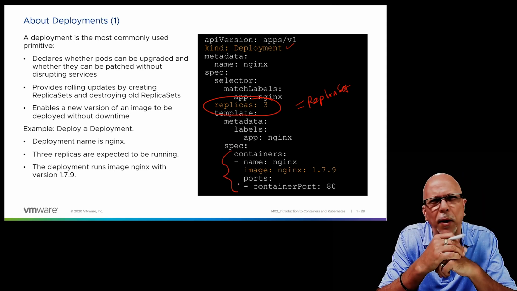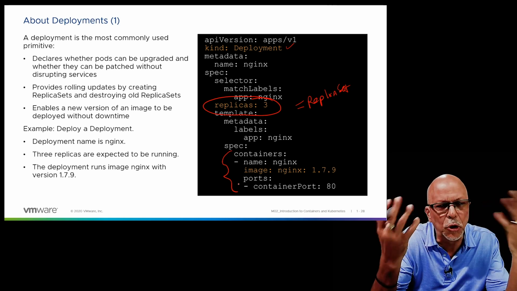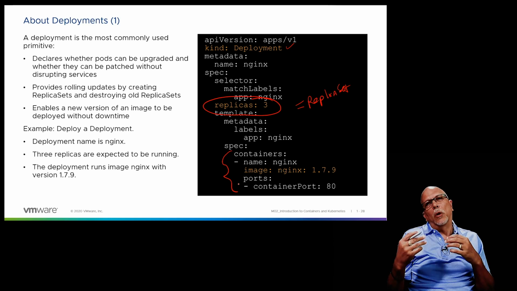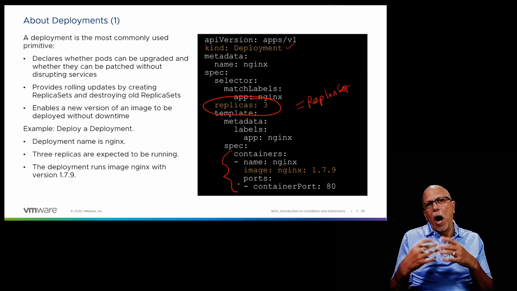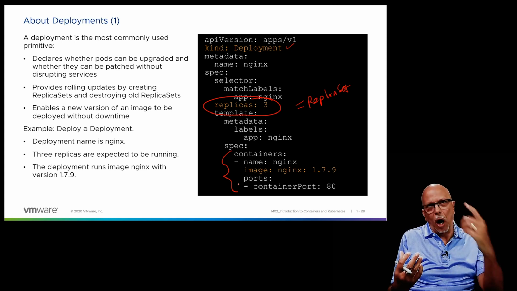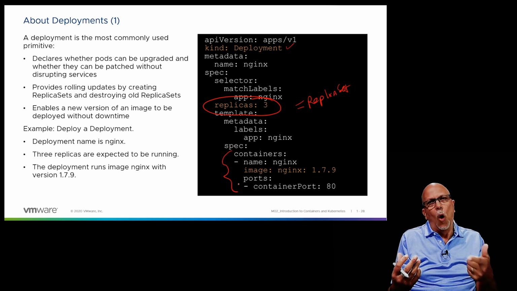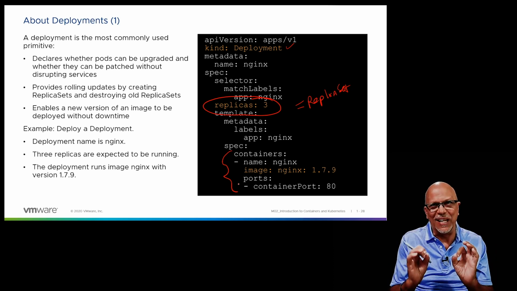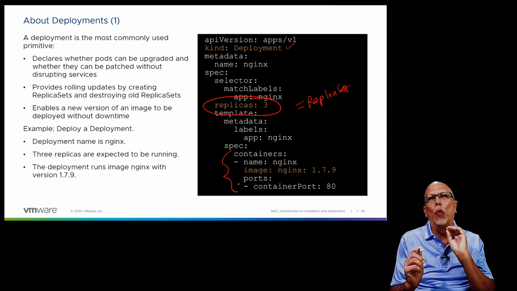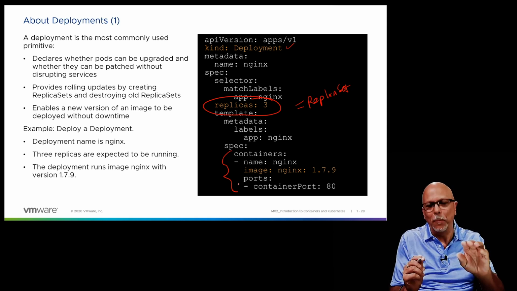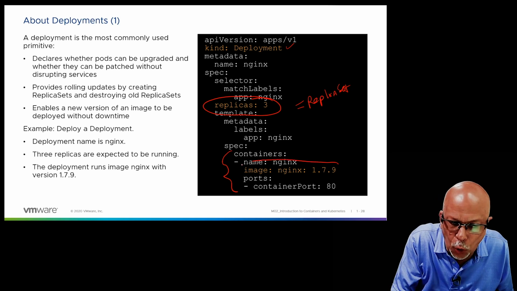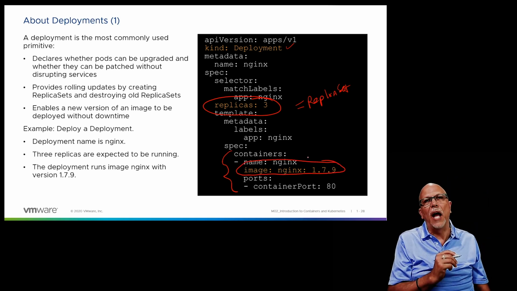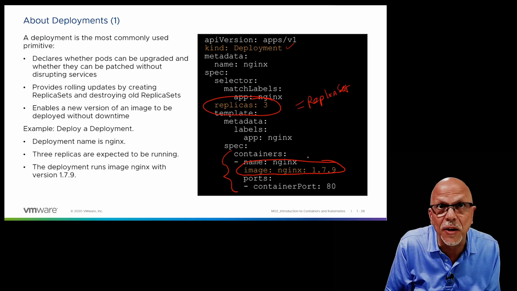So what are we missing? What else do deployments do for us? Well, remember, cloud native and our new modern apps are about doing updates quickly. Without deployments, we don't have an automated way to roll out an updated version of our code. So we could see down here, I'm deploying Nginx 1.7.9.